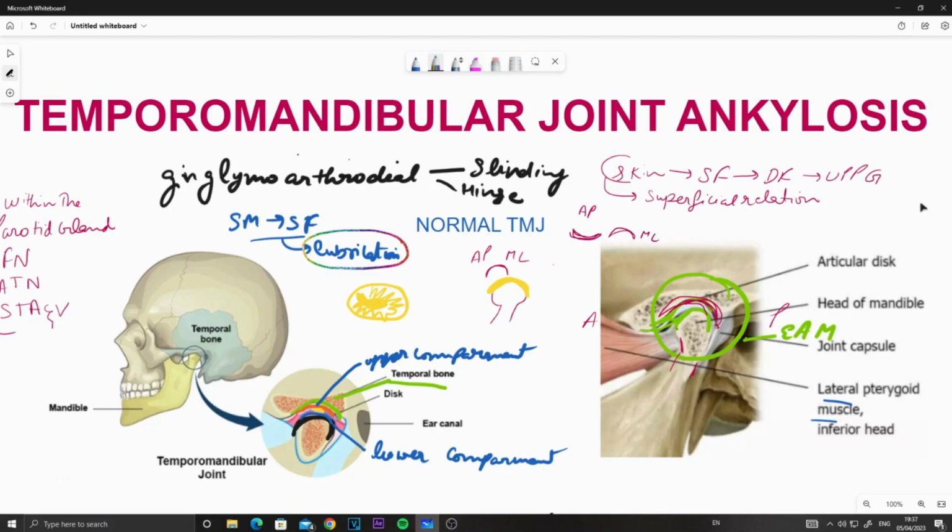But our focus for this video was to have some baseline idea of the different relations, structure, nerve supply, and blood supply of the joint, and the further required things will be discussed accordingly, simultaneously with the disease itself.